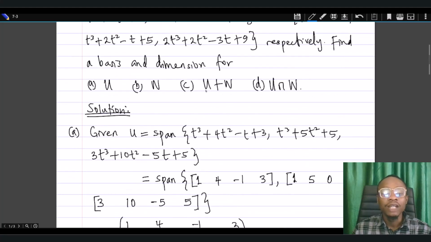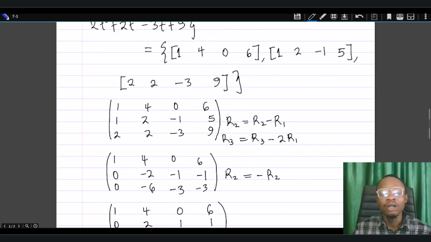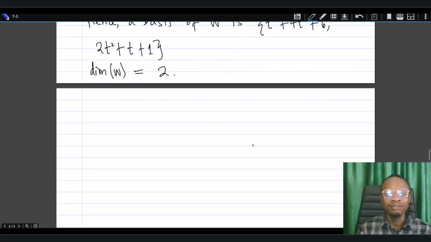We're asked to find a basis and dimension for U plus W. So for U plus W, we've seen the definition already for the addition or sum of two vector spaces.